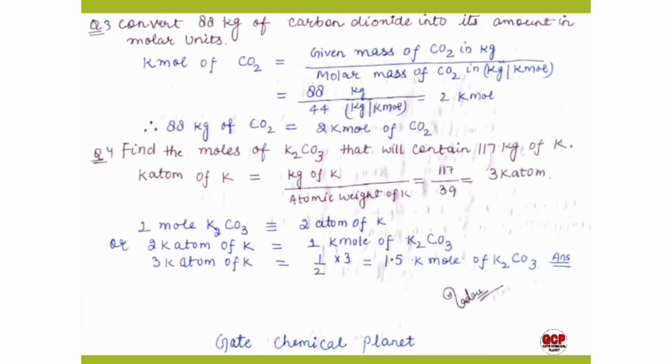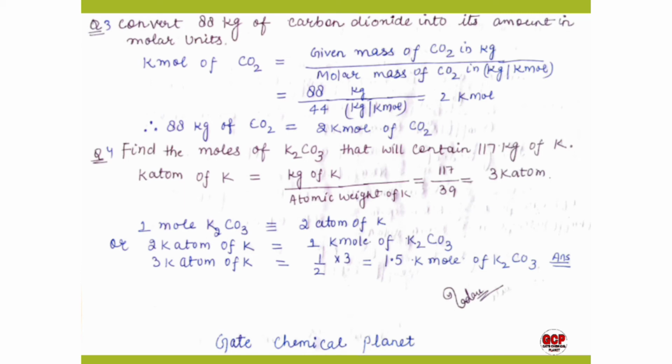Here kilomoles of carbon dioxide equals the given mass of carbon dioxide in kilograms divided by the molar mass of carbon dioxide in kilograms per kilomole. It is already given that the mass is 88 kilograms of carbon dioxide, and the molar mass of carbon dioxide is 44 kilograms per kilomole.